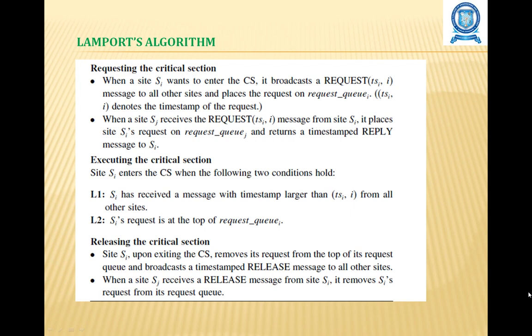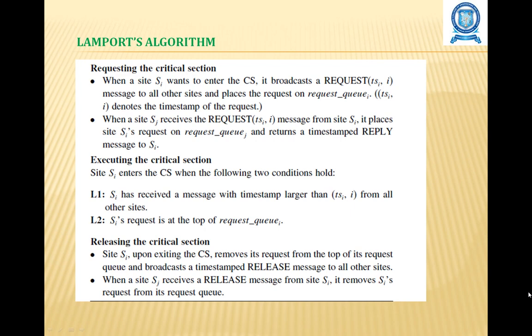The algorithm is split into three stages: requesting the critical section, executing the critical section and releasing the critical section. First, requesting the critical section, that means entering the critical section. When a site Si wants to enter the critical section, it sends a request message, request(TSi, i), to all the other sites and places this request on its request queue i.